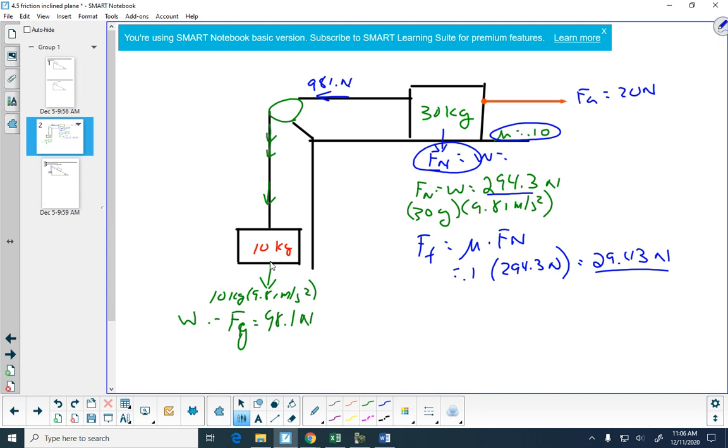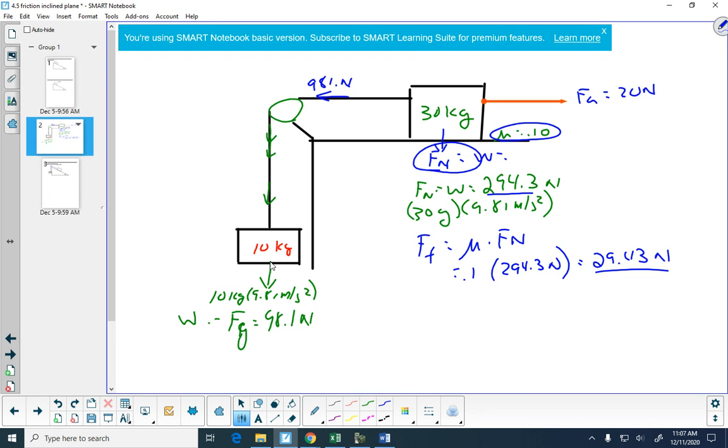It's not going to determine which direction our motion is going. It's only going to go opposite whatever our motion is. So if the object is being pulled to the right, it's going to go 29.43 newtons to the left, just because it's going to counteract motion. But if the motion is going to the left, then my force of friction is going to go to the right because it's going to be opposite the motion.